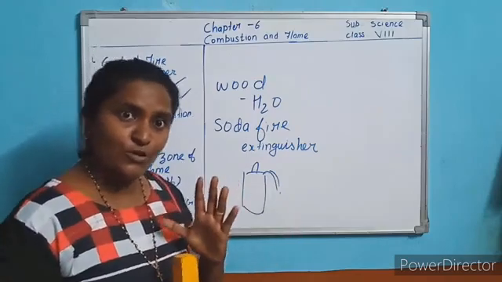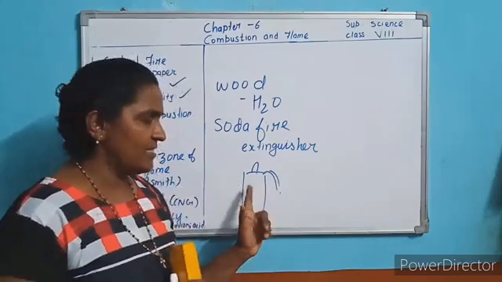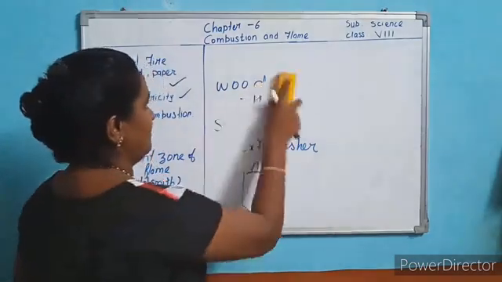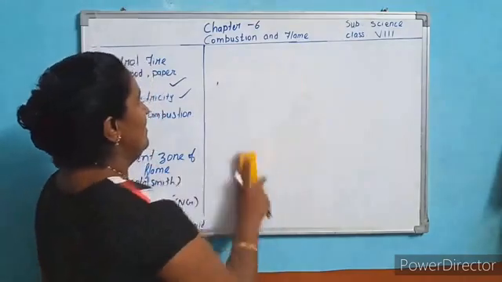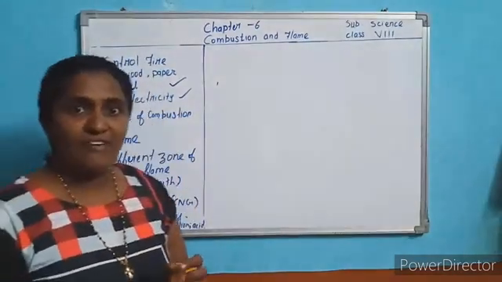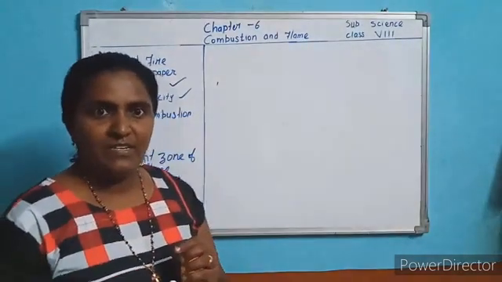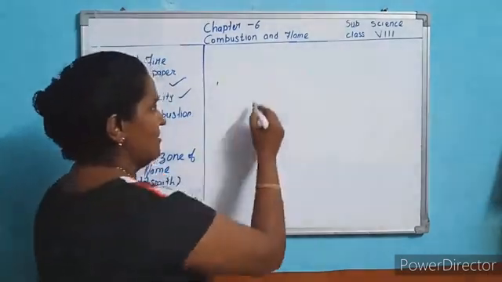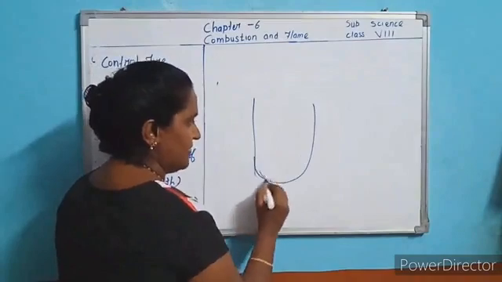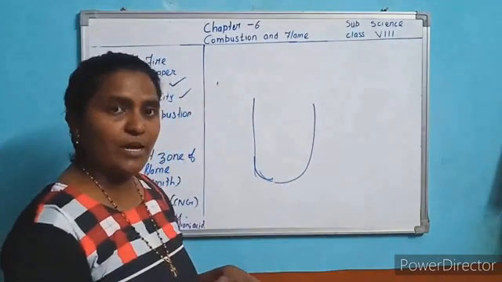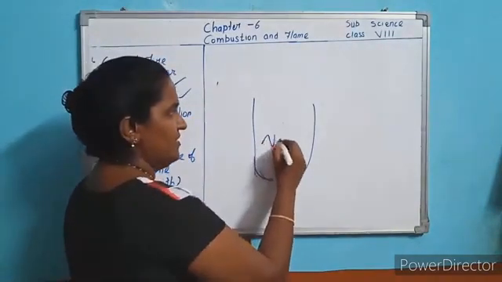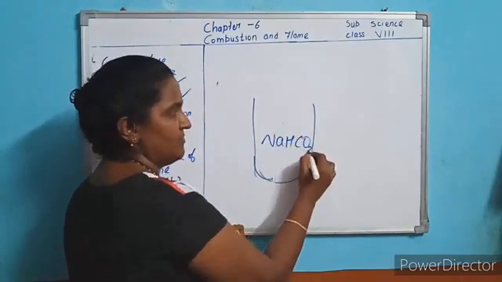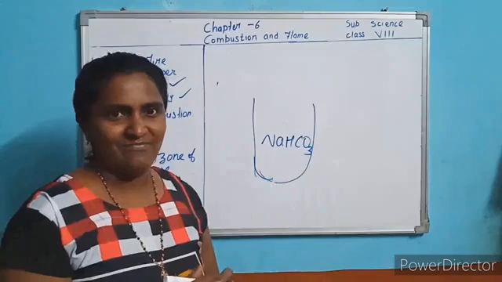Now we are going to study how this extinguisher works. This soda fire extinguisher is made up of one metal container, in which they take sodium bicarbonate, baking soda.